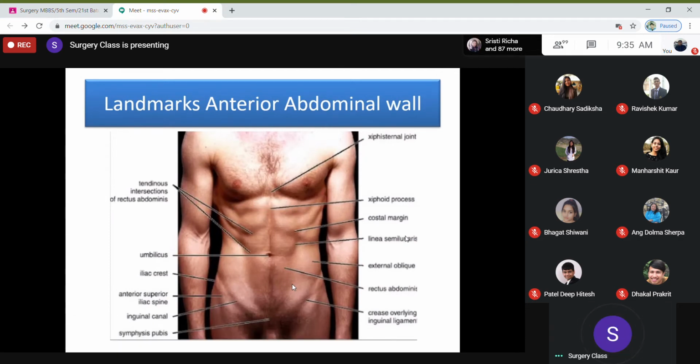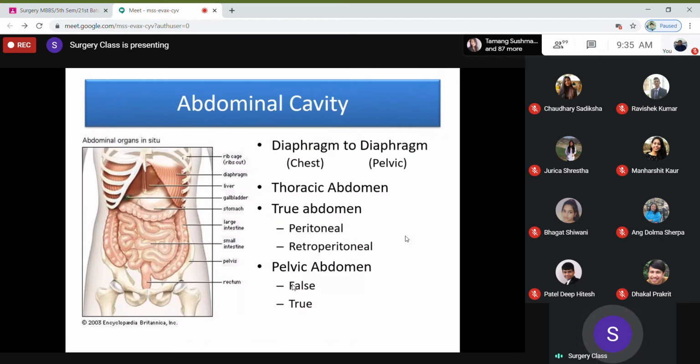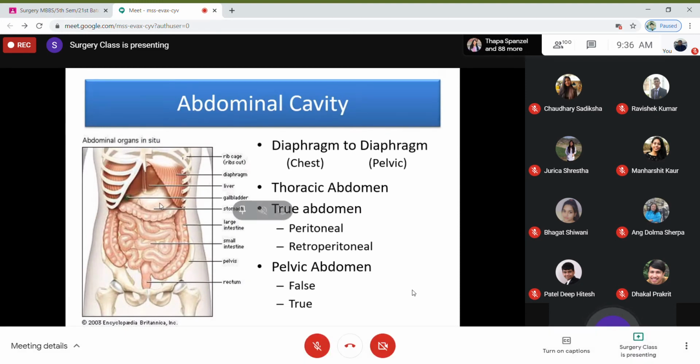If you open the abdomen and take out the skin and peritoneum, this is your chest cage. The abdomen is divided into three parts: one is intrathoracic, and one is in the pelvis.